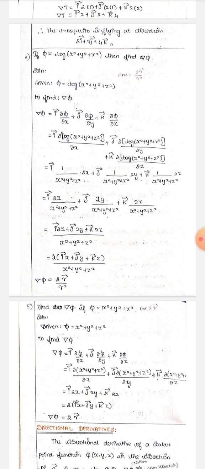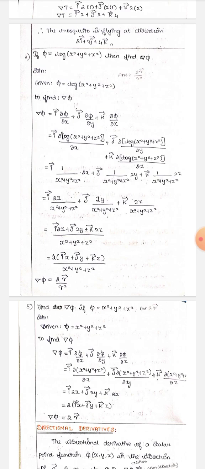The same concept: differentiation of log x is equal to 1 by x, into the chain rule. So here the differentiation of log of x square plus y square plus z square is 1 by x square plus y square plus z square into 2y. The last term, differentiating with respect to z, gives 1 by x square plus y square plus z square into 2z.